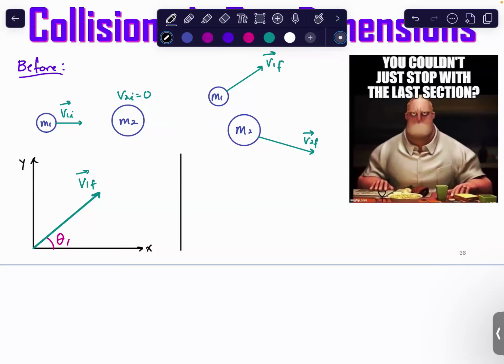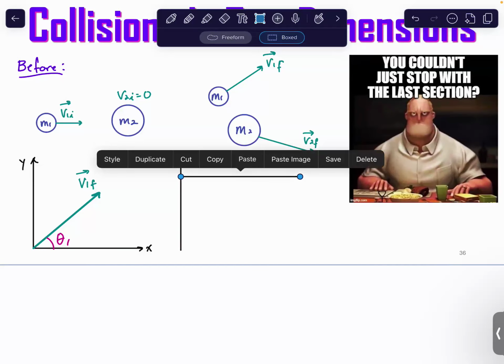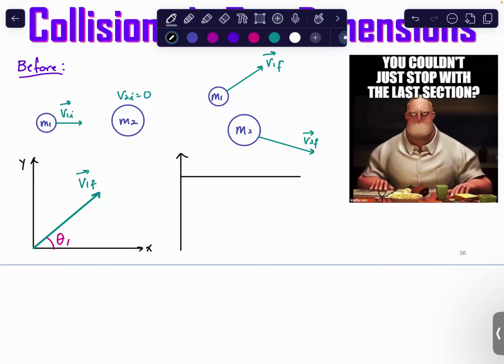And then mass 2, I'm going to draw my x-axis up here, because this velocity vector is going to go down and off into the fourth quadrant somewhere.